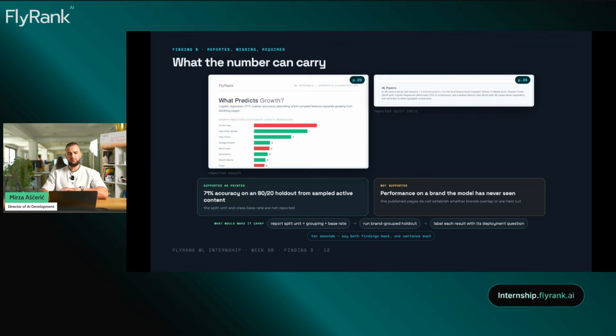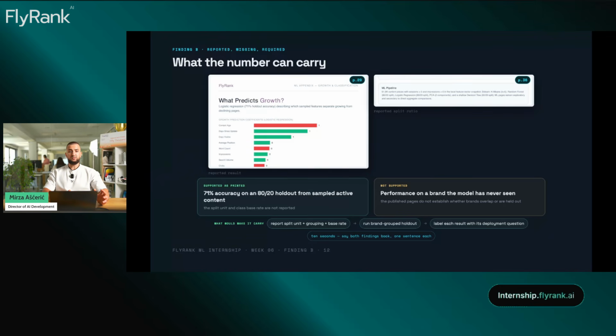So read the number again. The paper says one small thing. The logistic regression got 71 out of 100 right on an 80-20 holdout, taken from a sample of active content. It doesn't say how well it worked on new brands. It also doesn't let you know if the score is much better than just guessing.